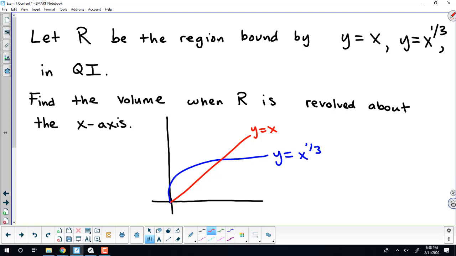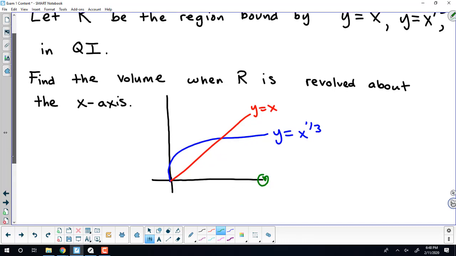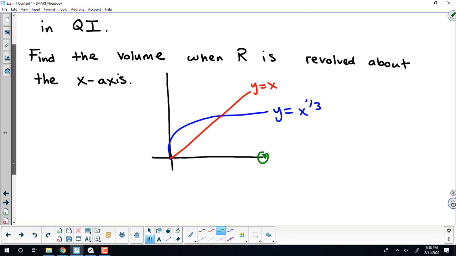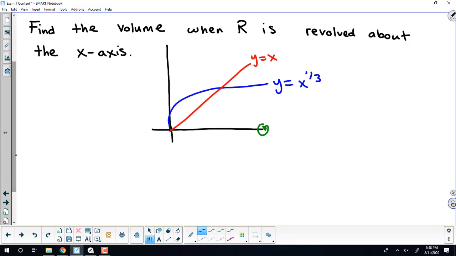So we've got capital R revolving around the x-axis. Let's look at this a couple of ways. Part A, use disk washer.